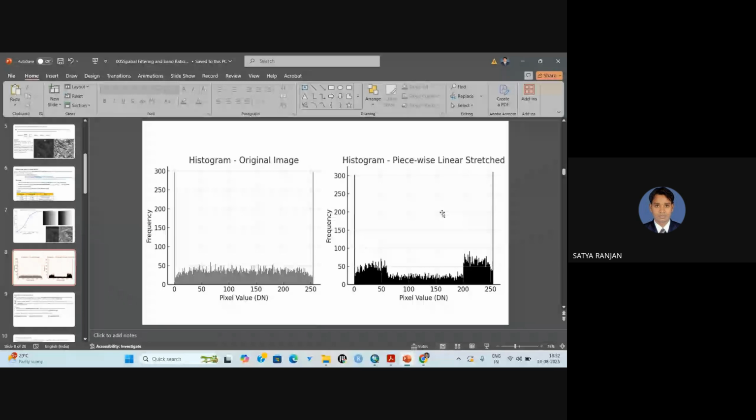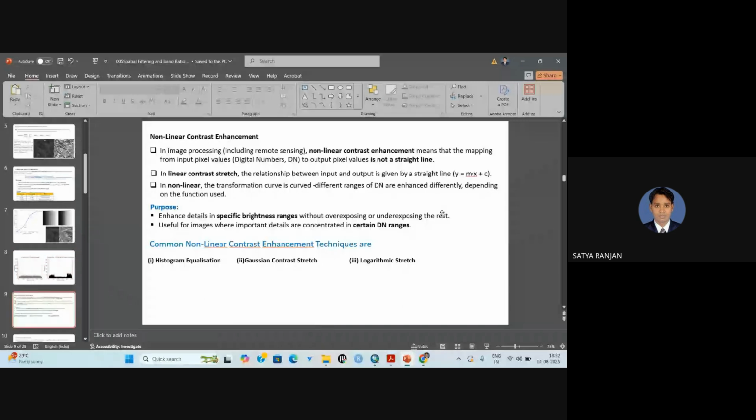This shows that segmentation is applied, but before this there was no segmentation. This is the original image, and this is the piecewise linear stretch. Piecewise linear stretch is based on stretching the different segments.